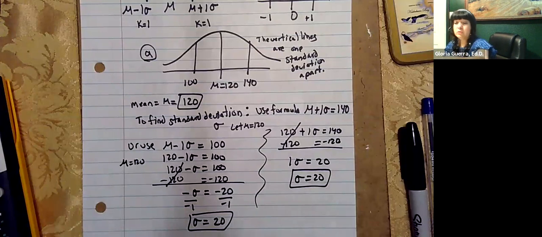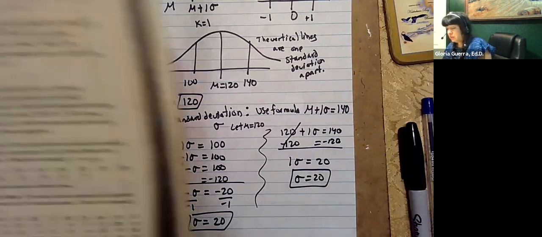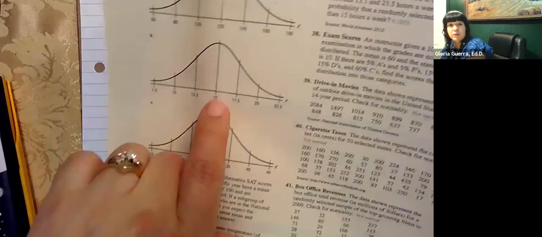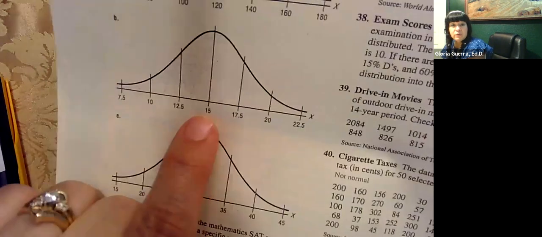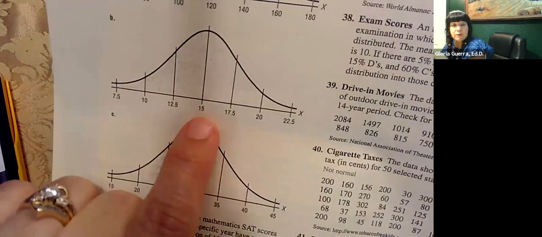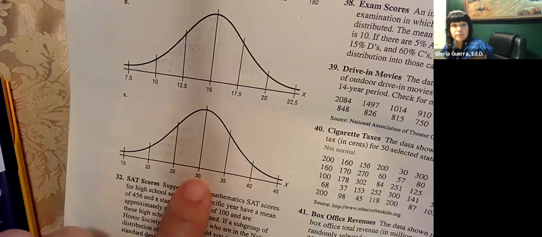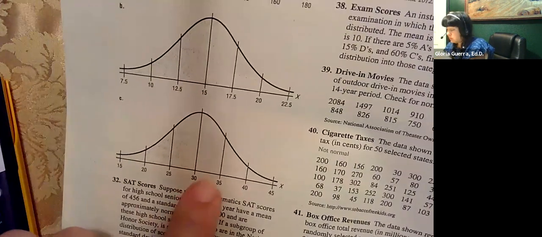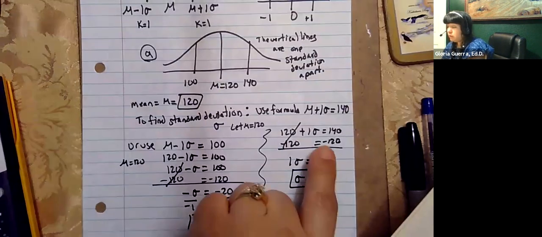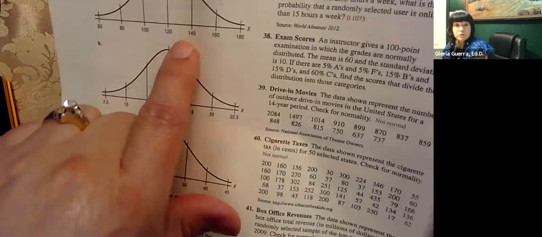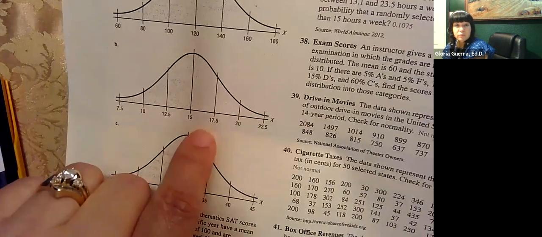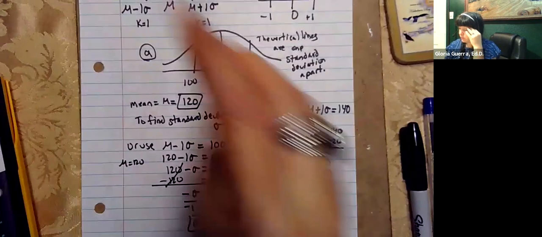And then you would do the same thing for part B and part C. You're just changing things here. The mean changes here to 15, and then the mean changes here to 30. And of course the 140 would change to 17.5 and 12.5. But other than that, you would still use this formula.